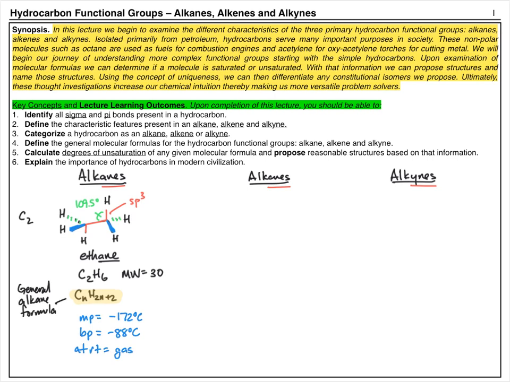Again, we can explain from prior lectures why it is a gas. It's a nonpolar molecule. There's not a lot of intermolecular attractive forces. Because of that, the molecule boils at a very low temperature, negative 88.